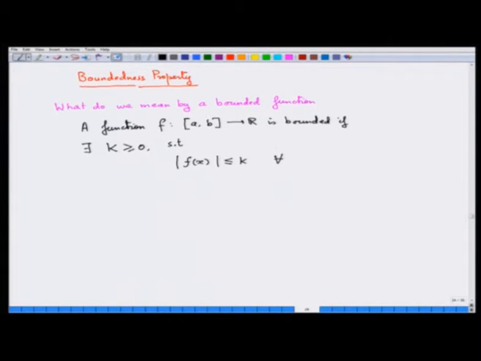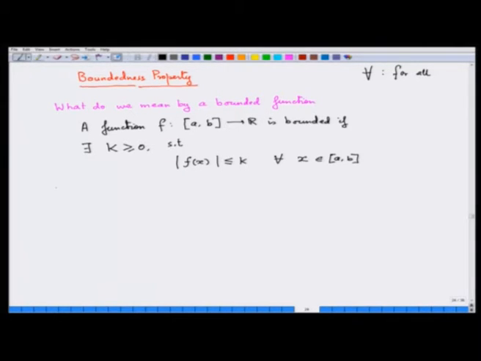x. This is the sign for all. I am giving this sign and I am possibly not making it amply clear. This actually means for all x lying in the interval [a, b]. That is the meaning of a function being bounded.